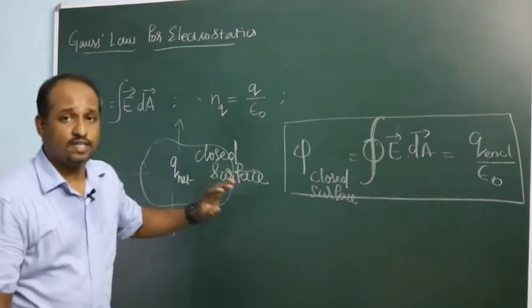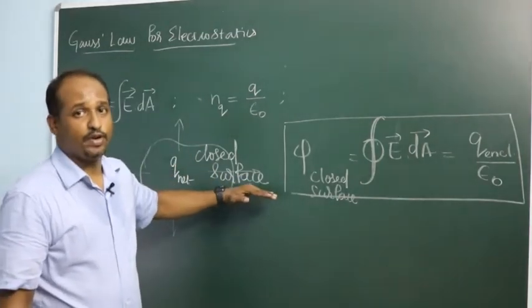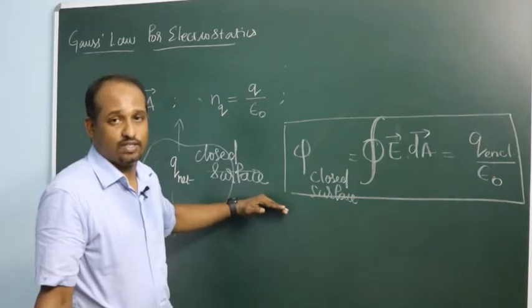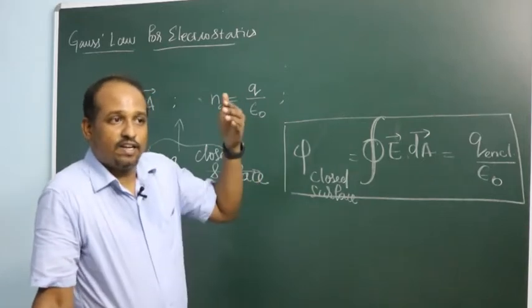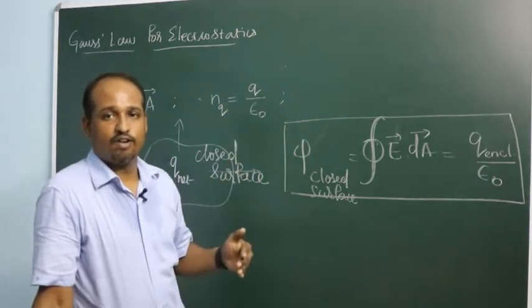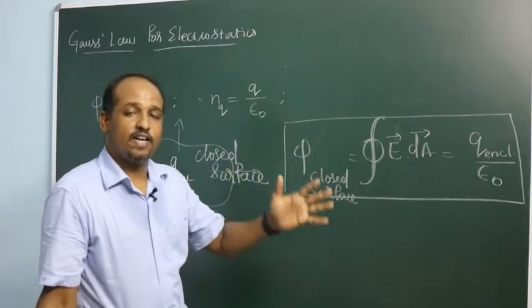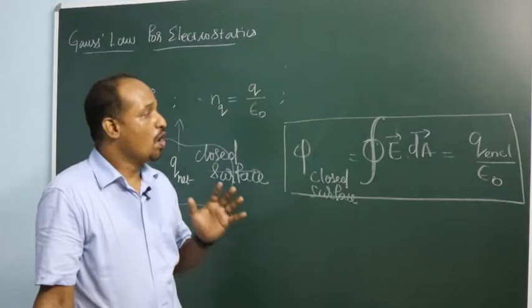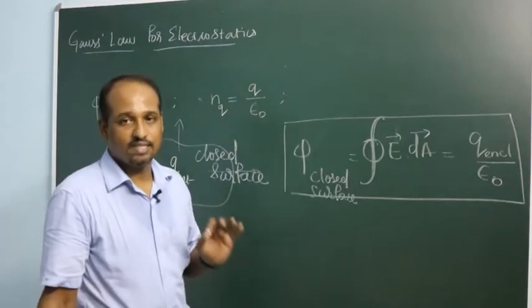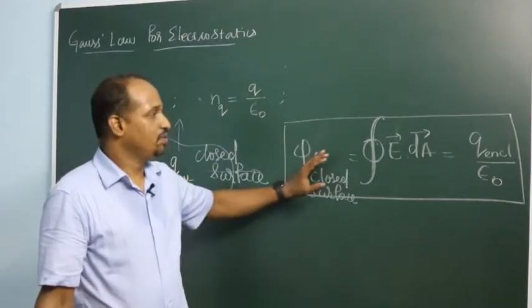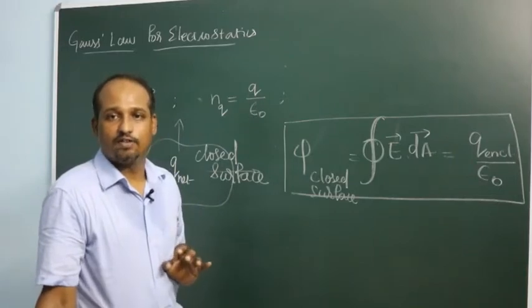See, the thing is, based on this, we are going to find out the electric field due to a straight rod, electric field due to a disc, and then through an infinitely large sheet, etc. All those things can be very simply done using this Gauss law for electrostatics.